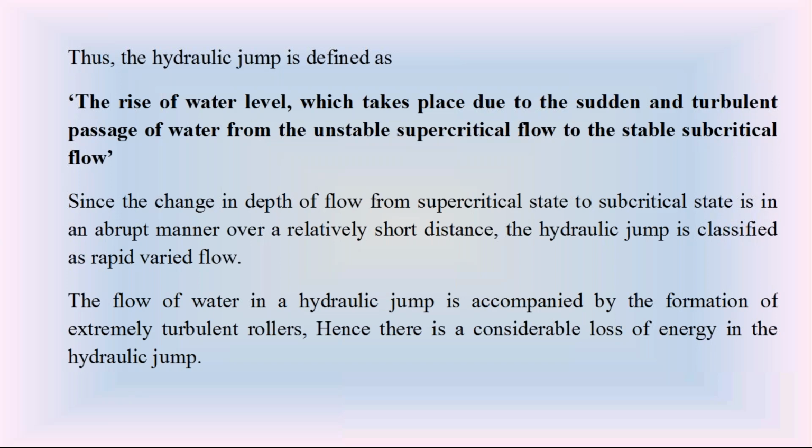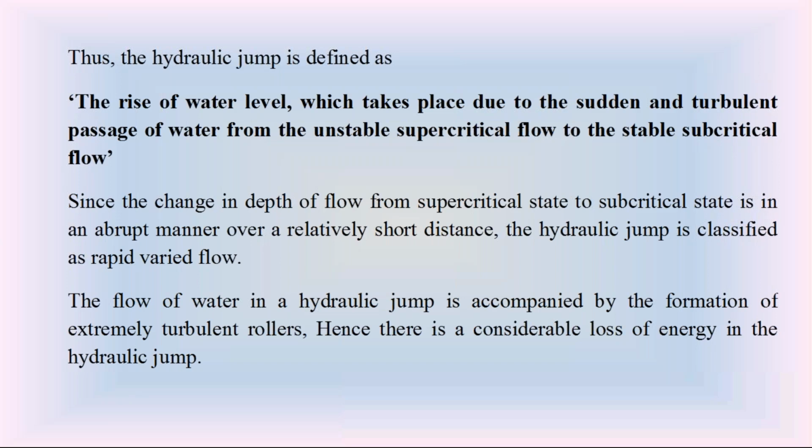That rise of water level, when the flowing water is changing from supercritical condition to subcritical condition, there is a rise in the water level. That rise in the water level takes place due to the sudden and turbulent passage of water from the unstable supercritical flow. At supercritical flow, velocity is very high.